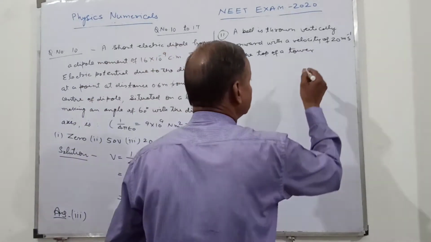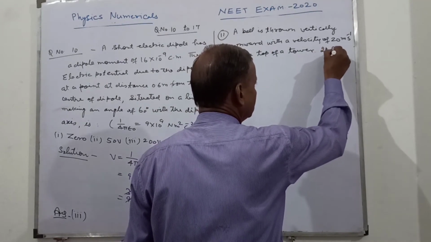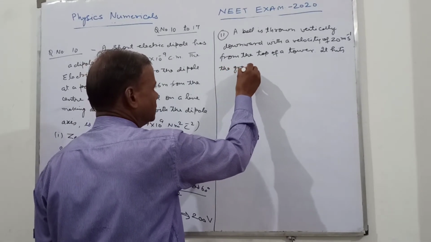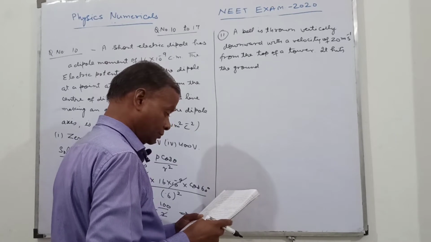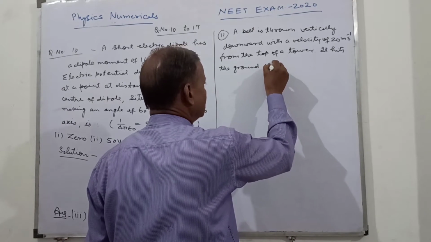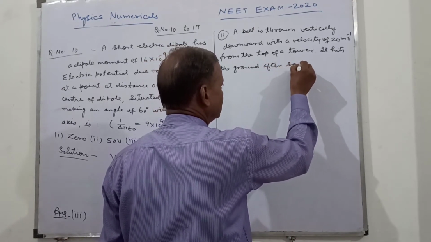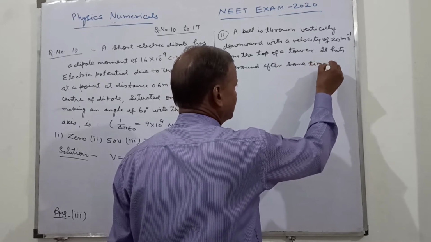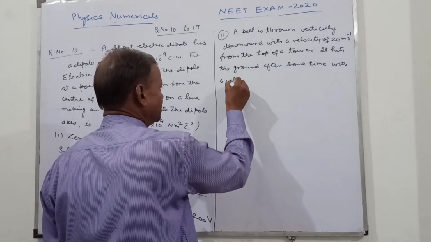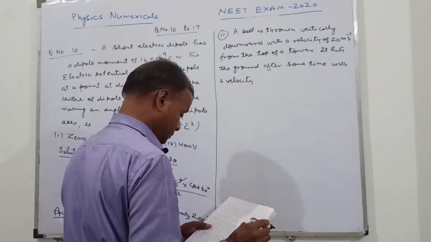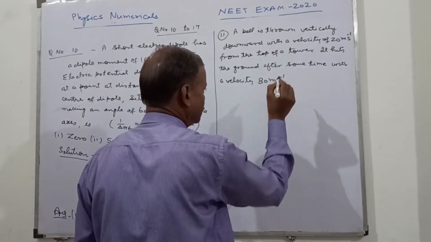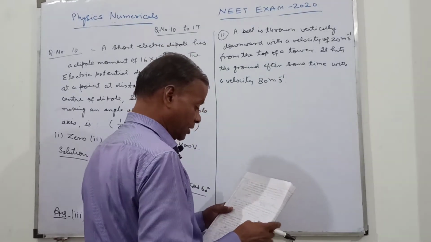It hits the ground after some time with a velocity of 80 meters per second. The height of the tower is?